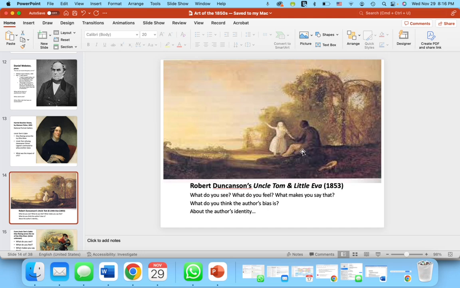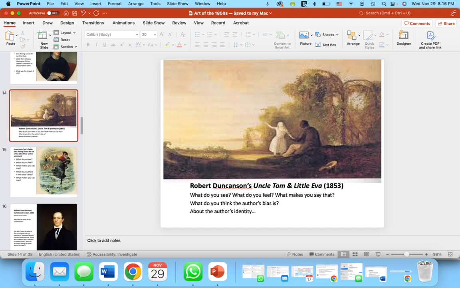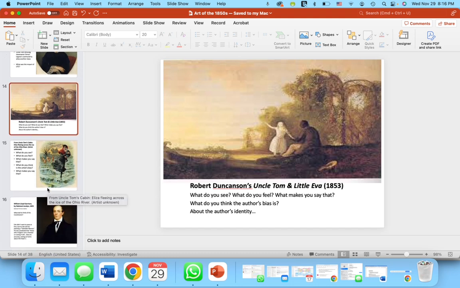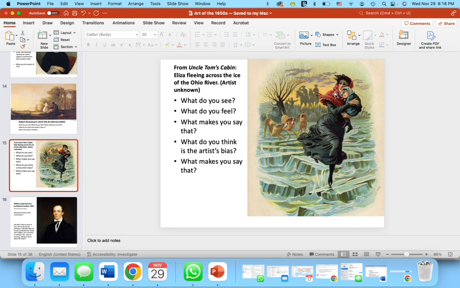Okay, so here again is a picture of Uncle Tom, noble, stoic, enslaved African American, and Simon Legree, the evil slave trader, tries to break him, and he says, "Nope, you can't do it." This is a cheesy picture of Eliza running to safety across the Ohio River from the south to the north, holding her baby. These were emotional passages that opened the eyes of the North to the evils of slavery.